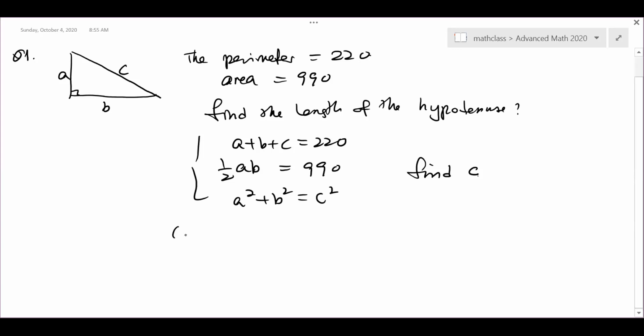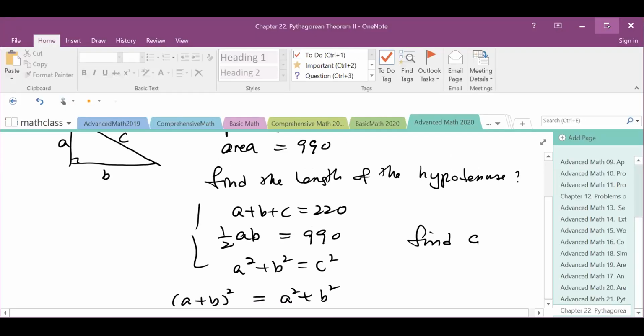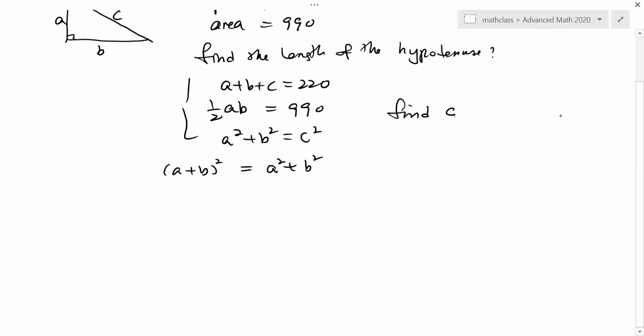So let's take a look at the first equation we remember. This is the equation we know. Let me enlarge the screen. Squaring A plus B, we get A squared plus 2AB plus B squared.